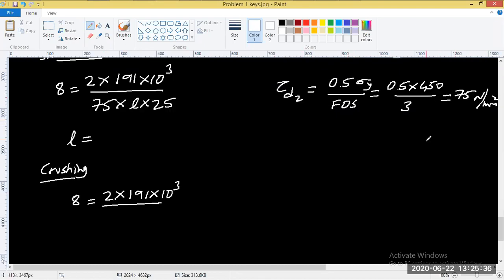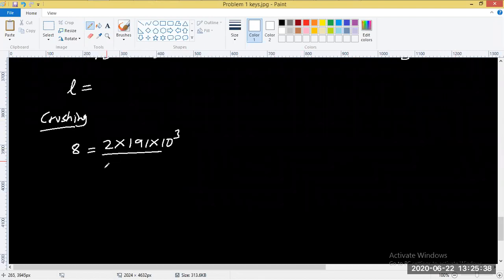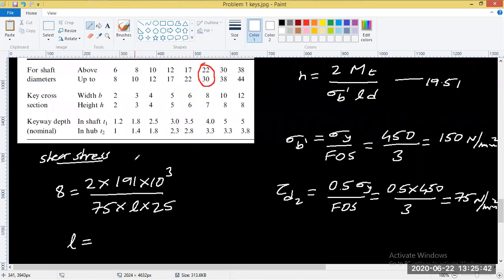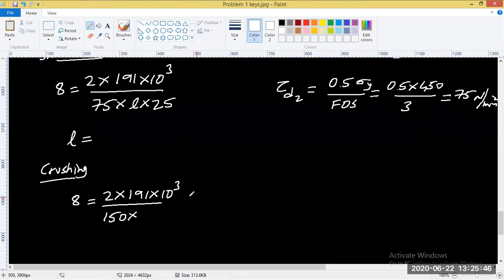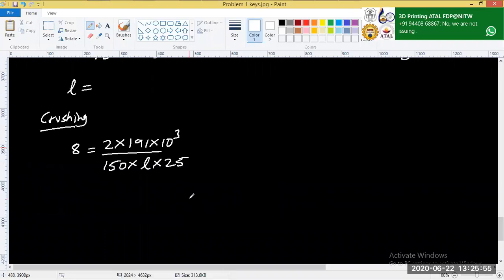Bearing stress we got 150. This is 150 into L into D. Again we are required to find L. D is 25. So again from this we get L.